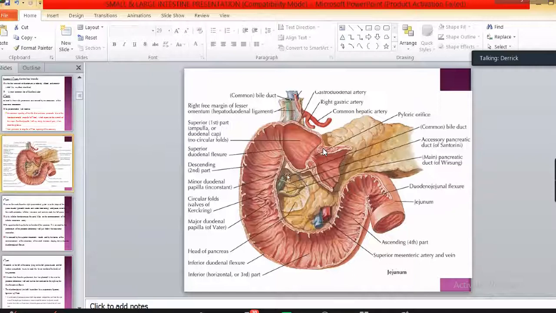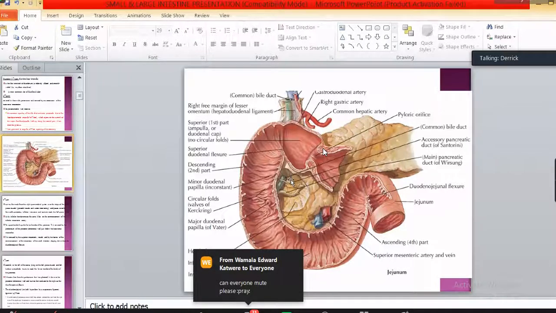And patients present with jaundice. So this is obstructive jaundice as a result of pressure caused by the cancer on the head of the pancreas.